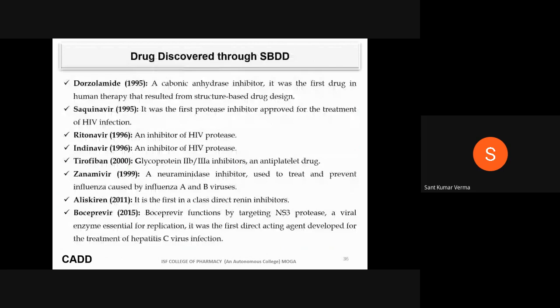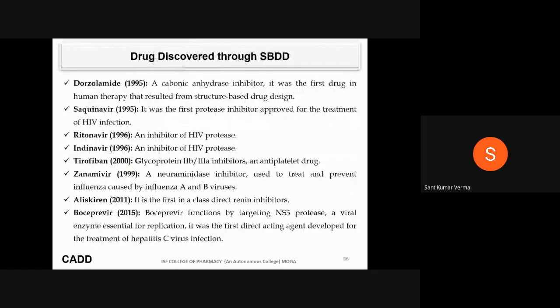Through the structure-based drug design approach, dorzolamide was discovered in 1995. It was a carbonic anhydrase inhibitor. Saquinavir was discovered in 1995. Ritonavir was discovered in 1996. It was an HIV protease inhibitor. Indinavir, which was discovered in the same year, was also an HIV protease inhibitor.